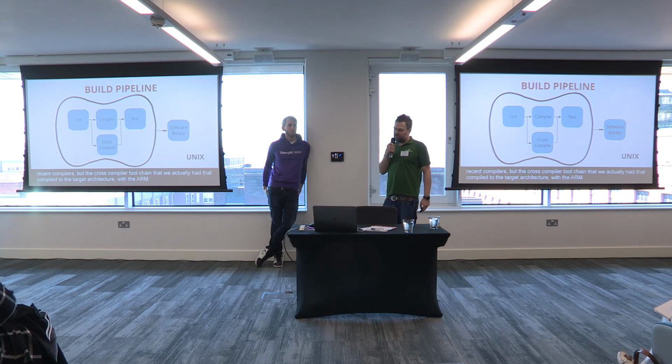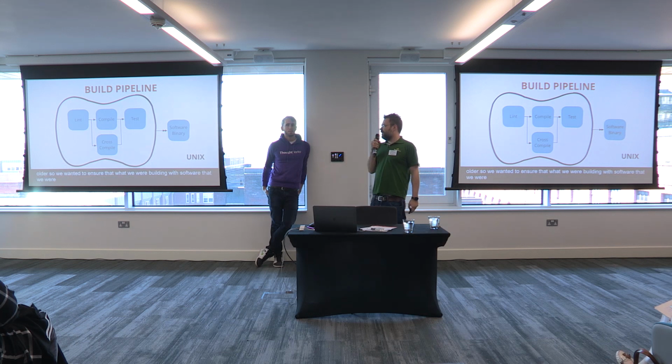So we really wanted to ensure that the software we were writing would later on run on that device and be compilable for that device. So we set up a cross-compile toolchain, even though we could not yet deploy the binary that came out of it, we'd still know that it would at least compile.